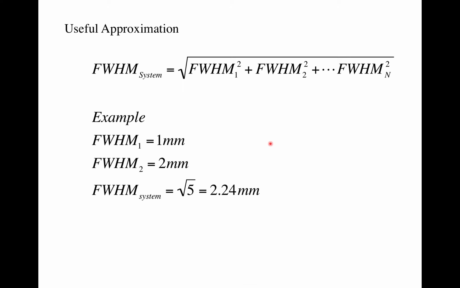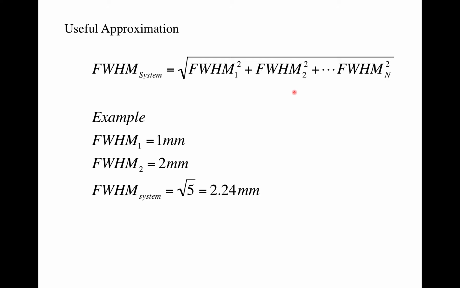So this is a hint, a useful approximation. When you have cascaded systems, and we already looked at this, when I have two linear systems and your signal goes through one and then goes directly into the next one, and they have different point spread functions, or impulse functions, a rule of thumb for figuring out the net full width at half max, or blurring, of that cascaded system is this formula here.